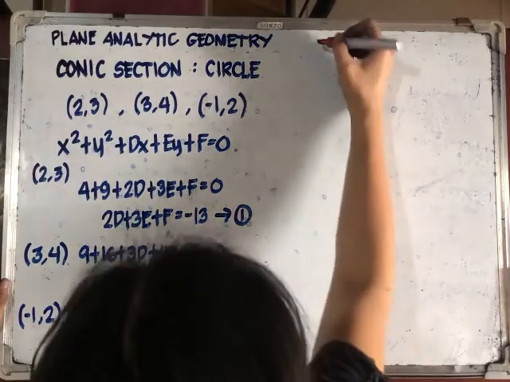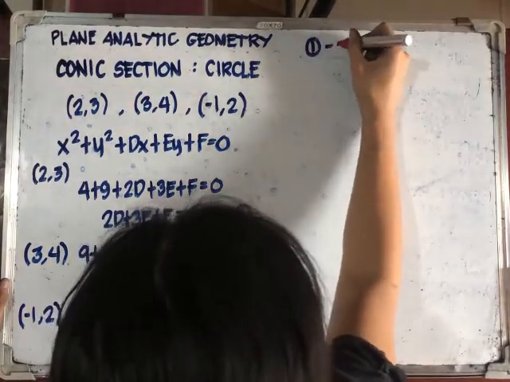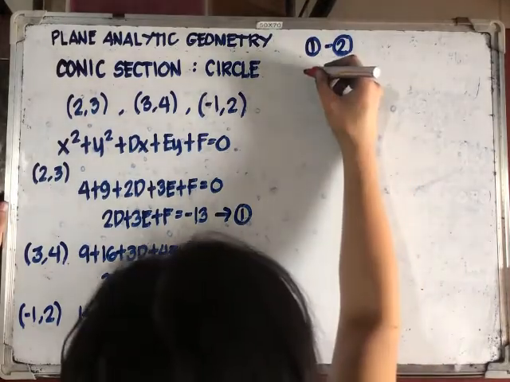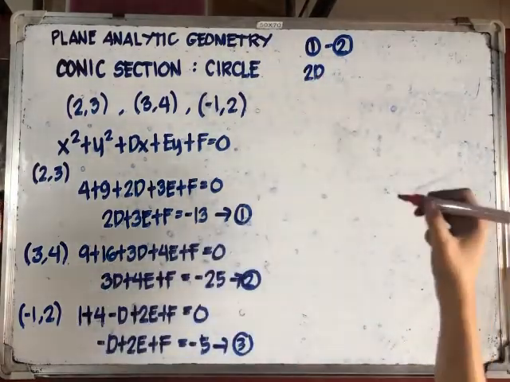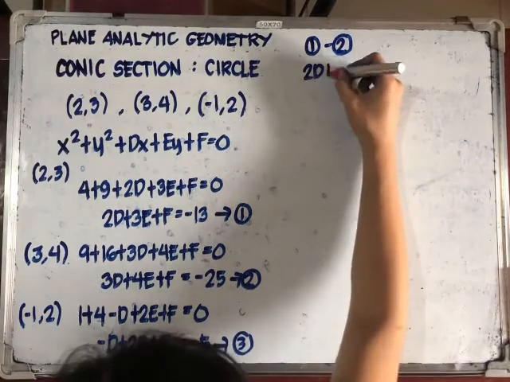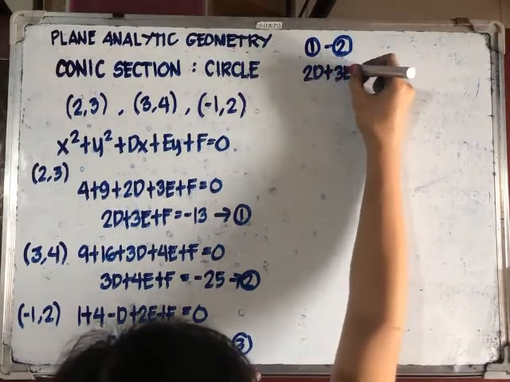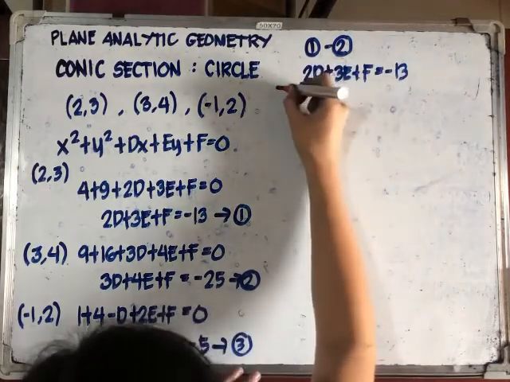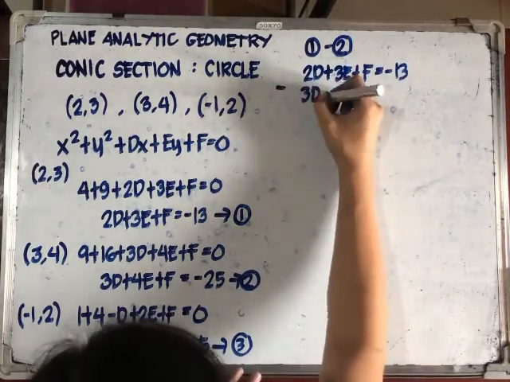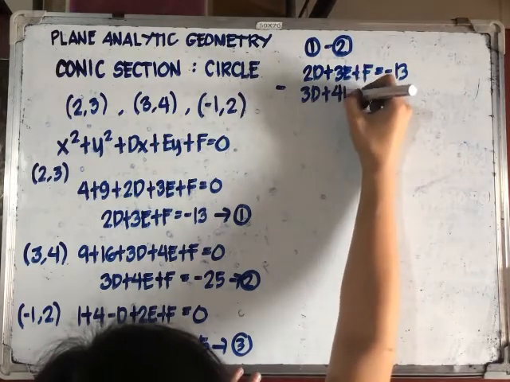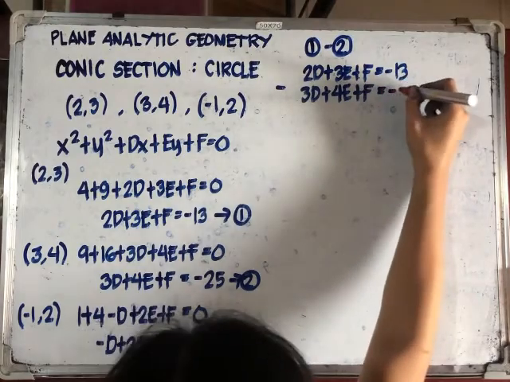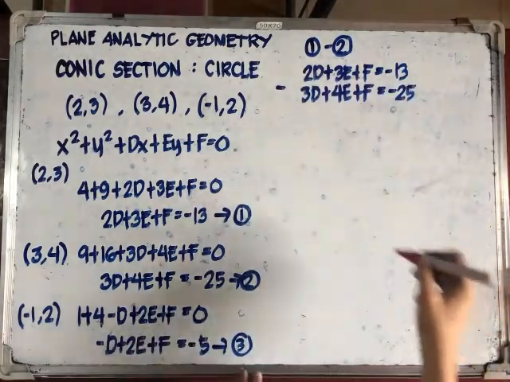So what we need to do first is subtract equation 2 from equation 1. I am doing that to eliminate some variables. Let me write the equations here. You have 2D plus 3E plus F is equal to negative 13, minus 3D plus 4E plus F is equal to negative 25.